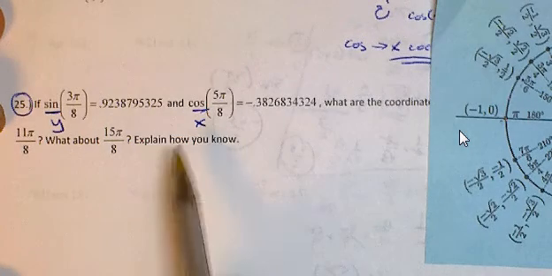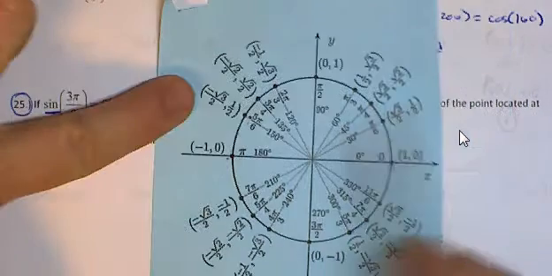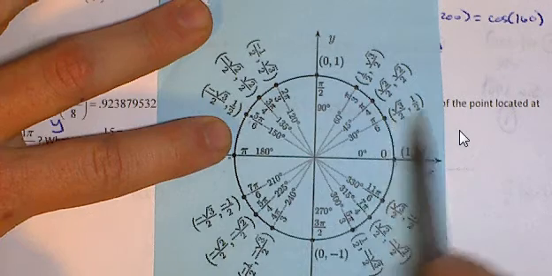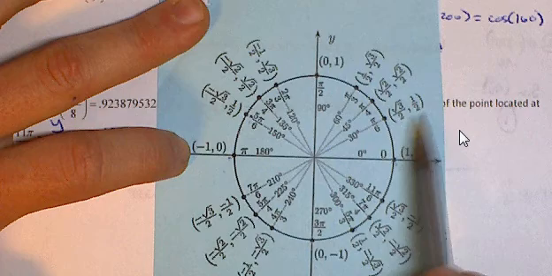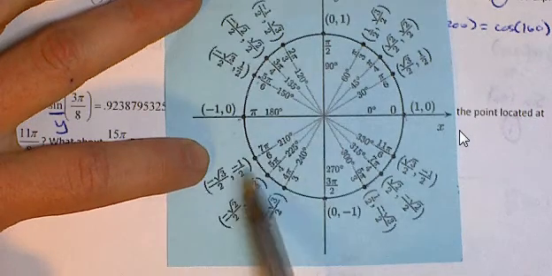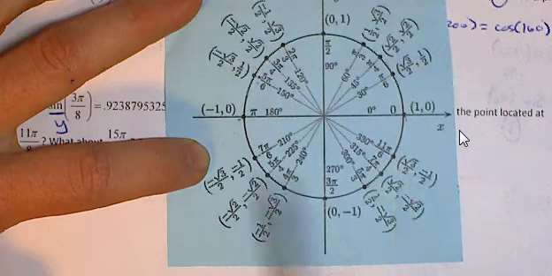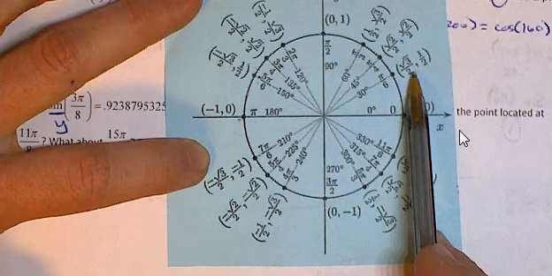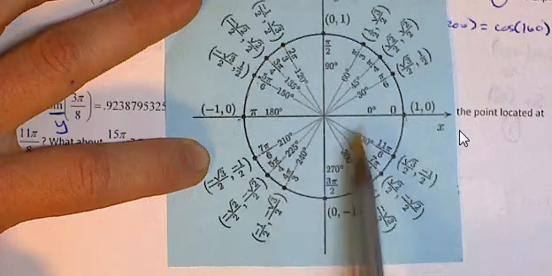As we go around the unit circle, you've got a positive positive here, and then a negative positive variant of this exact same ordered pair in the second quadrant. In the third quadrant, you have a negative negative variant, and in the fourth quadrant, a positive negative variant. So each of these ordered pairs has 4 variants, one in each quadrant.